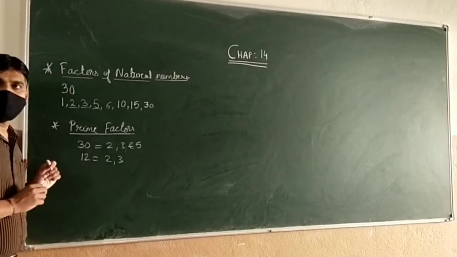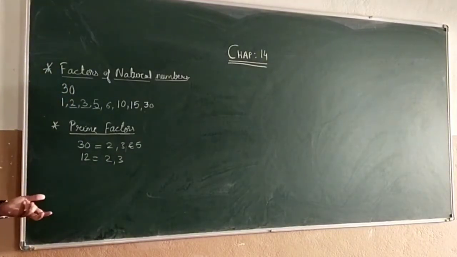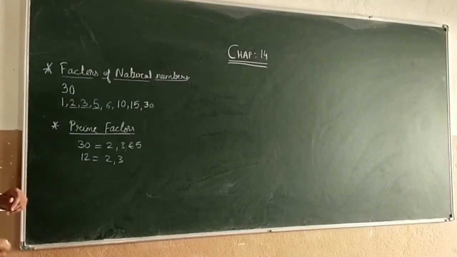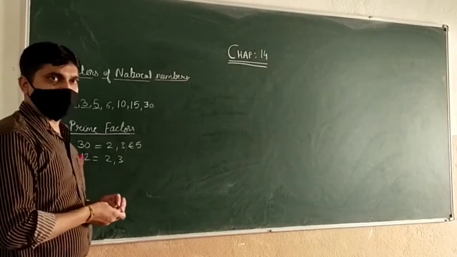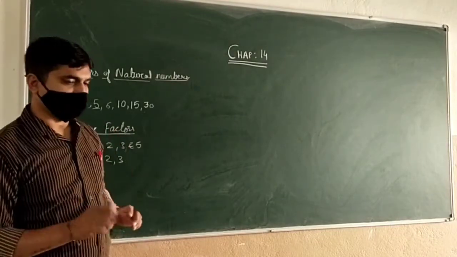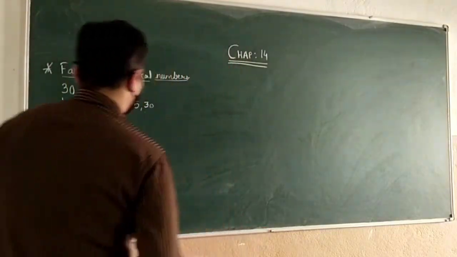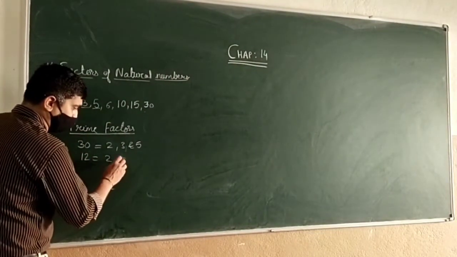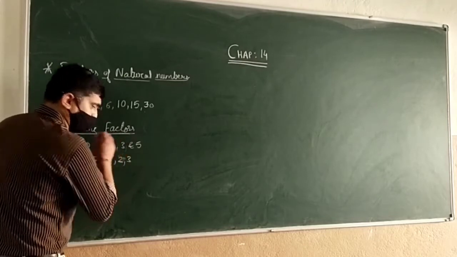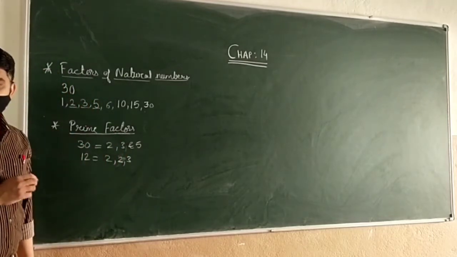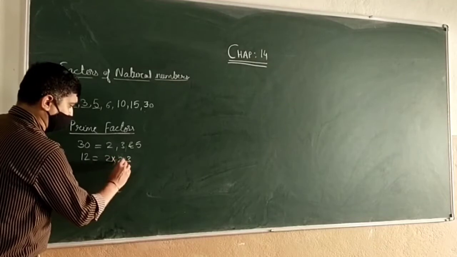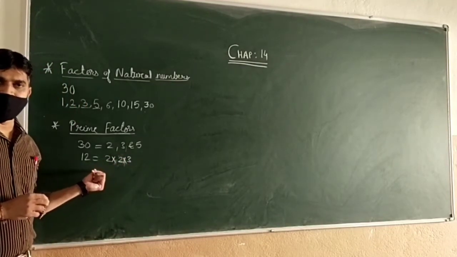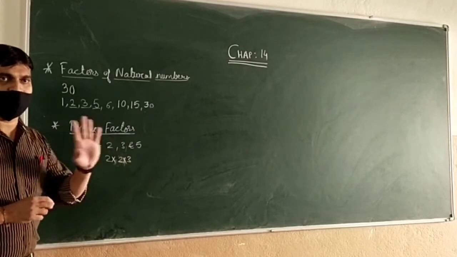Any other? 4 is not a prime number, so it will not be a prime factor. Understood? So 2 and 3 are the prime factors of 12. Now, we are dividing 12 by the prime factors, so I will write 2, 2 and 3. 2 multiplied by 2 multiplied by 3 gives me 12. So these will be the prime factors.